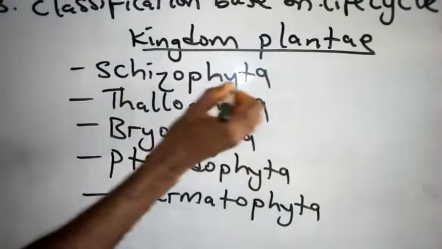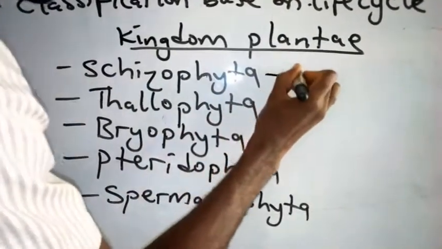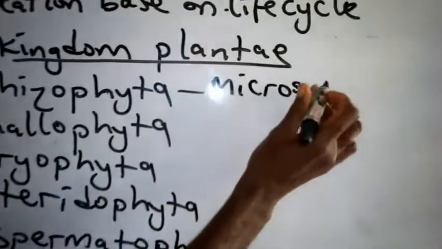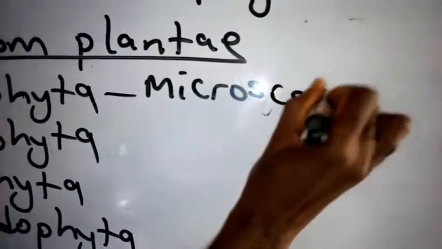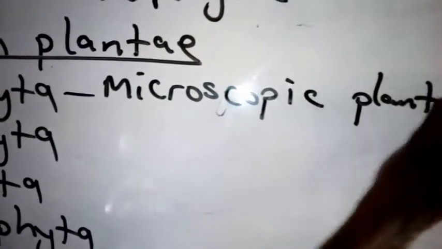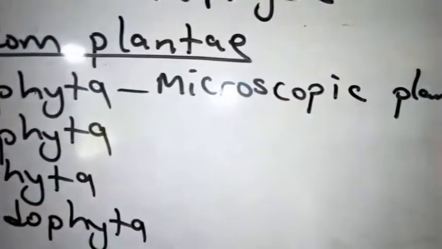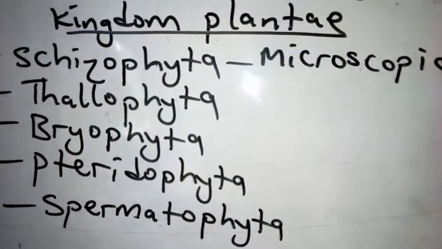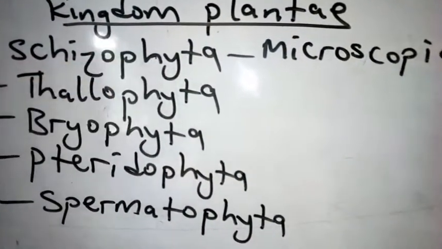Don't forget that the schizophyta are mostly microscopic plants. These are plants you cannot see with your naked eyes except with the use of a microscope. So they are the schizophyta.